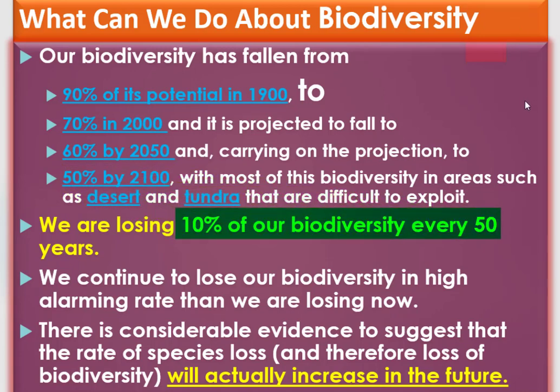So generally, we are losing 10% of our biodiversity every 50 years. We may continue to lose our biodiversity at a more alarming rate than we are losing now.